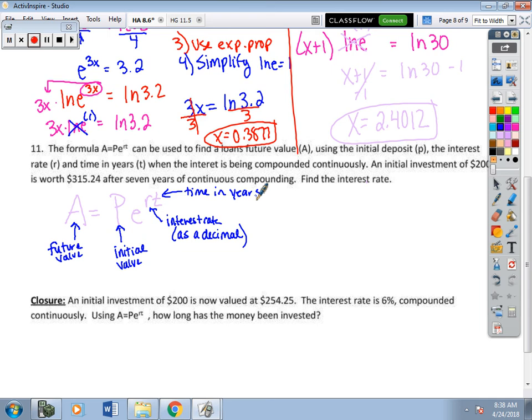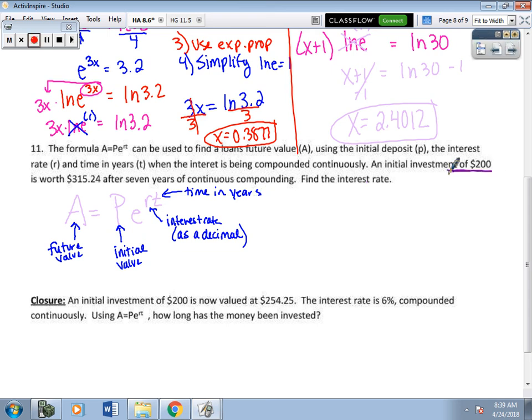And we're going to just plug into the formula. So it says an initial investment of $200 was made. So initial, that's your P, or we call it principal in advanced algebra, but it's your initial value. It is worth $315.24. That's your future value. That's your A. After 7 years, that's your T, and is compounding continuously.